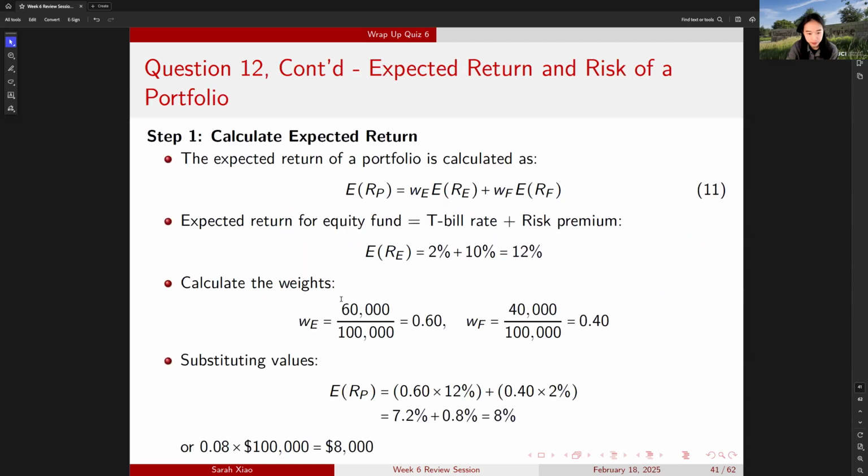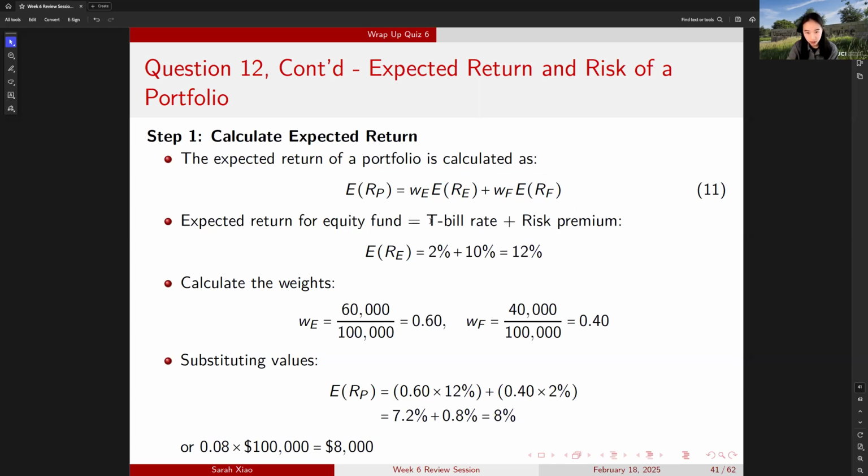So firstly, we want to calculate the expected return. The formula for the return of a portfolio is the probability weighted average of return on each asset. So we firstly want to calculate the expected return for the equity fund.